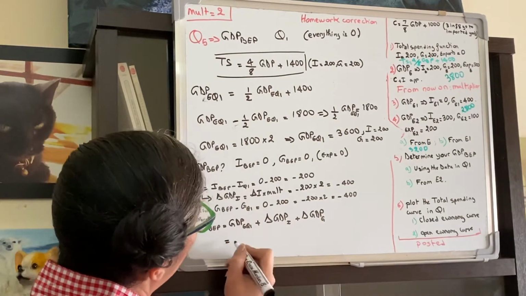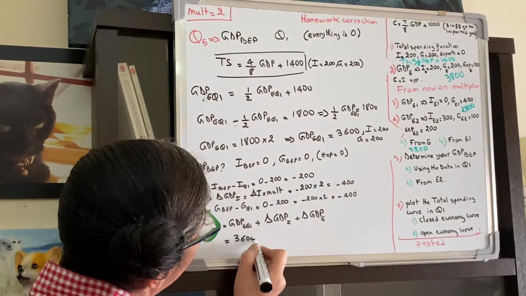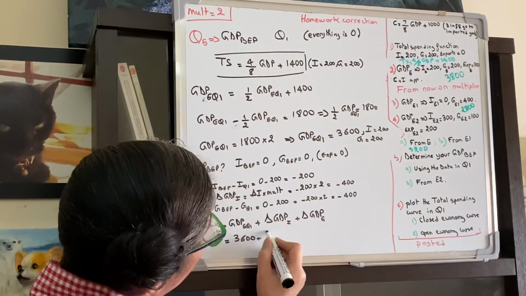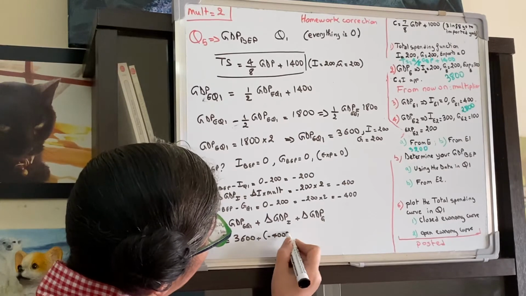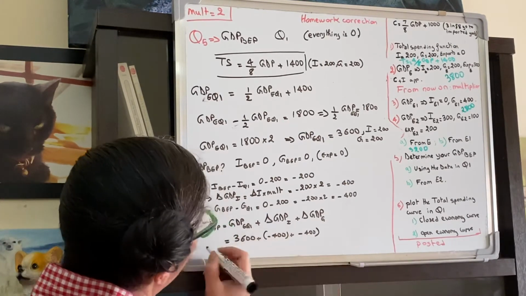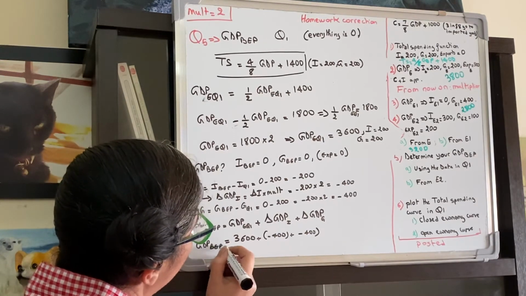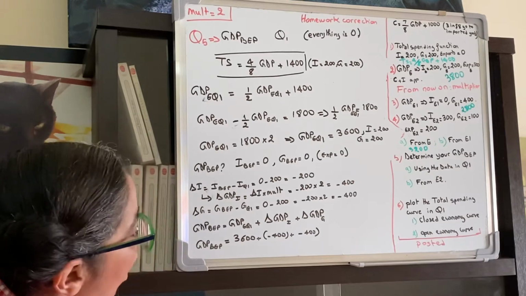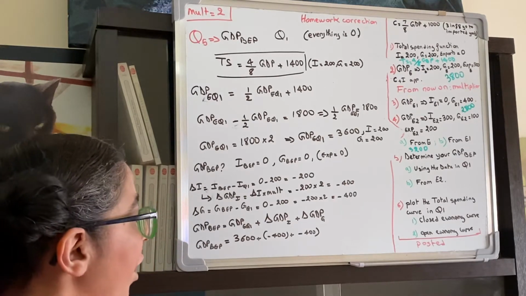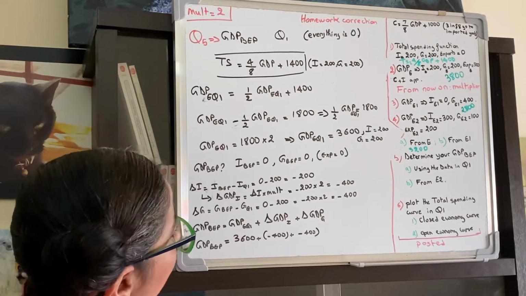Okay, so it's going to be 3,600 plus negative 400 plus negative 400, and that would be your GDP at BEP. So let's calculate. Minus 400, that would be 3,200. Minus 400, that would be 2,800.